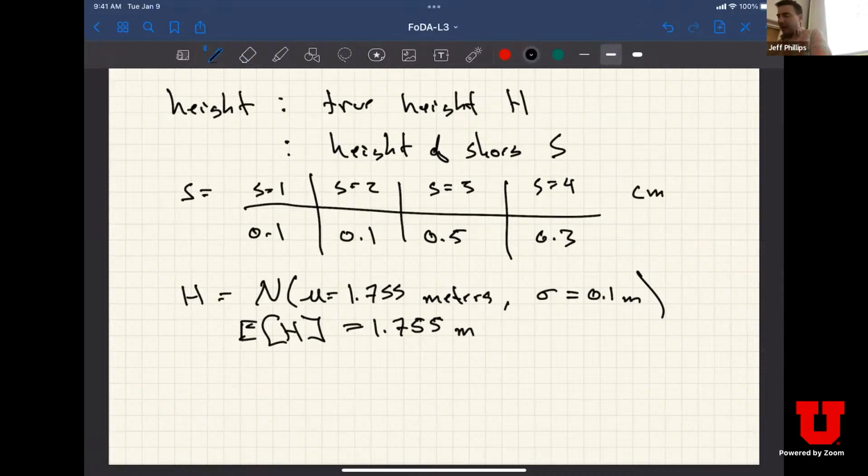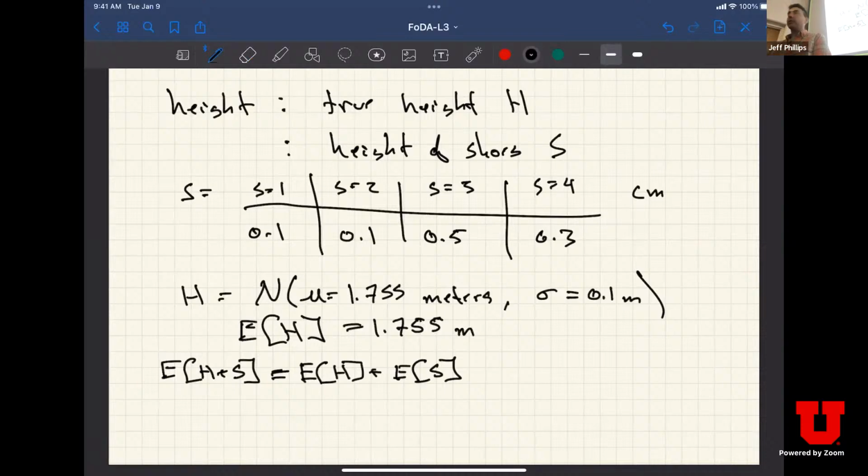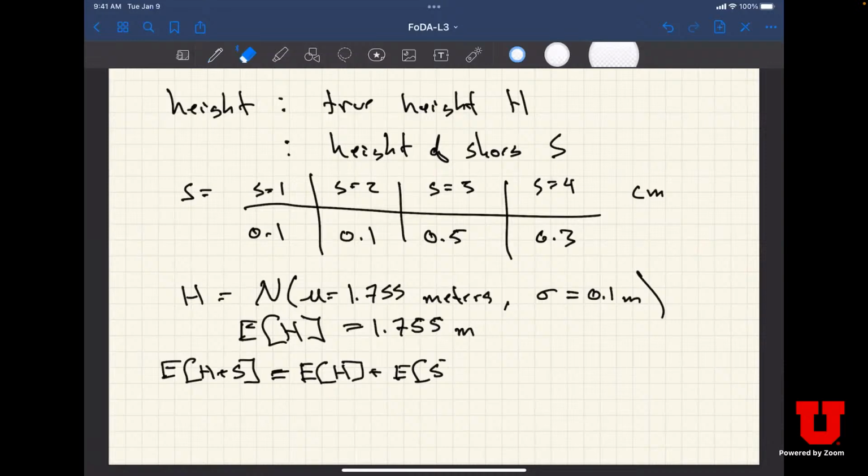So I can write down, I want to know the height plus shoes. So I'm going to write this as the expected value of the true height plus the expected value of the height wearing shoes. And so I know what this is, and I can decompose it using linearity of expectation. But the height wearing shoes is in centimeters, so I want to write this in meters.